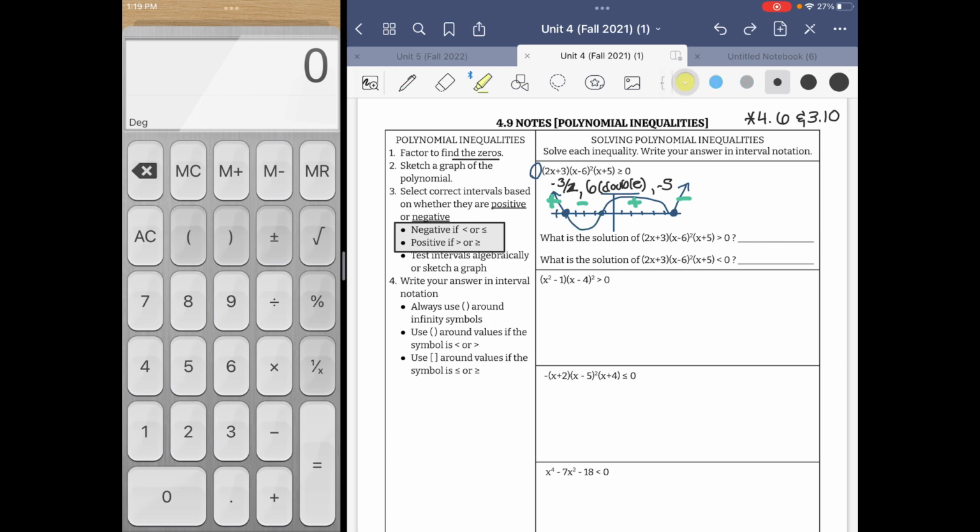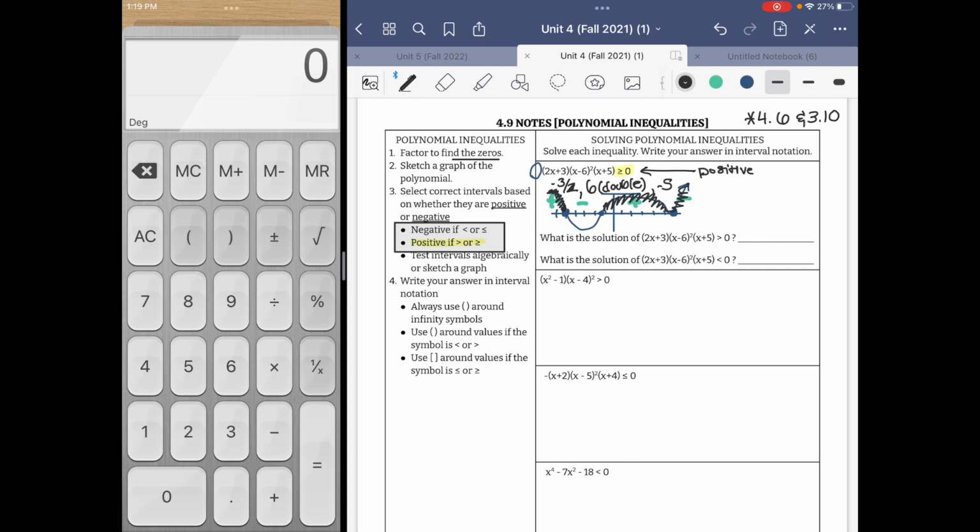Then I have to go back and reread my original problem. This was greater than or equal to 0, so I want my positives. So I want everything from over here, where it's positive, and over here.